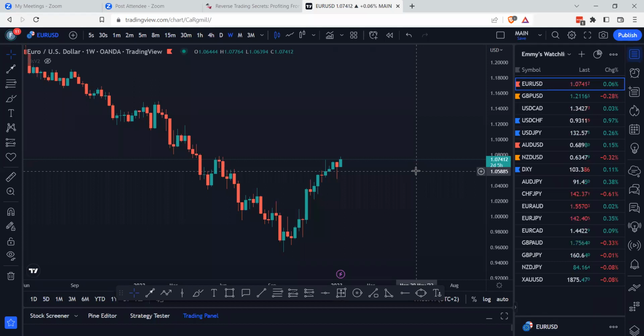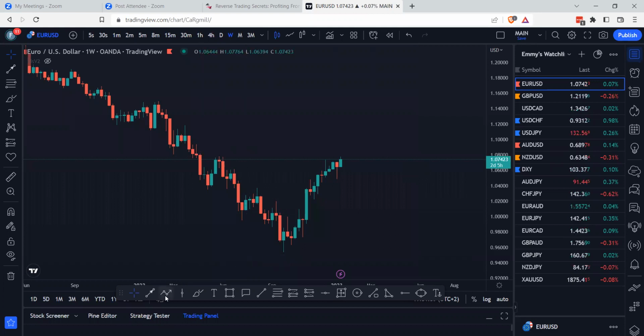When you apply market structure to your trading strategy, you filter out a lot of bad trades, bad setups, because market structure helps you know the direction in which you are supposed to be trading. That's why we are starting from weekly, and then we will walk our way down.